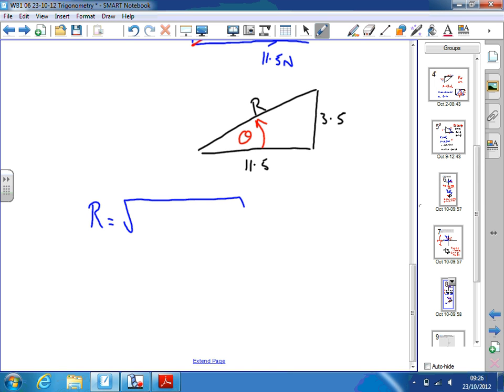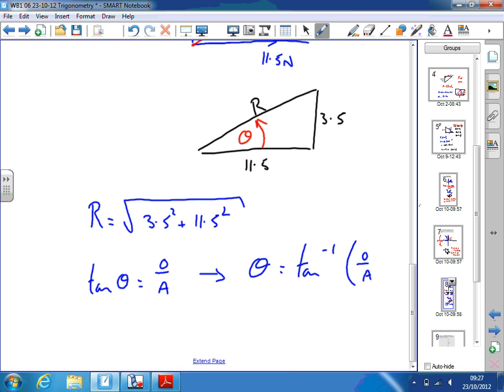Remember, r is the square root of 3.5 squared plus 11.5 squared, and we've also got that tangent of the angle is opposite over adjacent, so therefore theta is the inverse tan of opposite over adjacent, the angle whose tangent is opposite over adjacent.